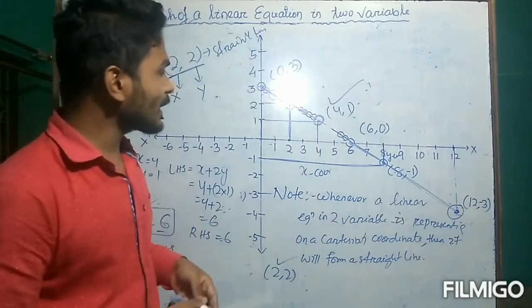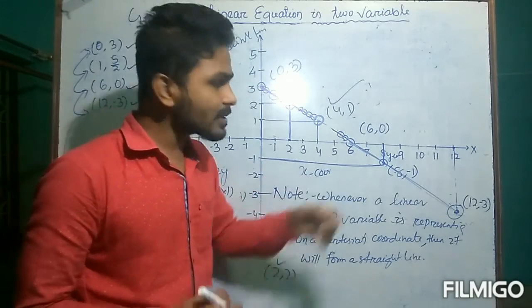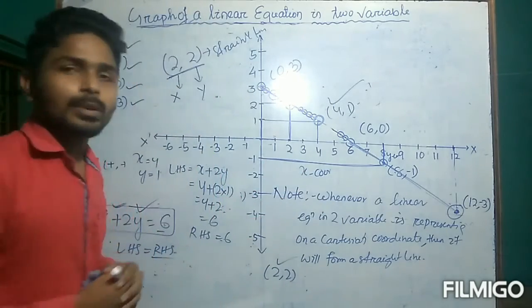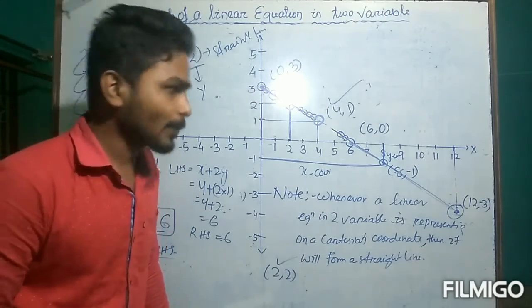So we conclude that if we put any point that lies on this straight line in the original equation, then it must satisfy the equation.